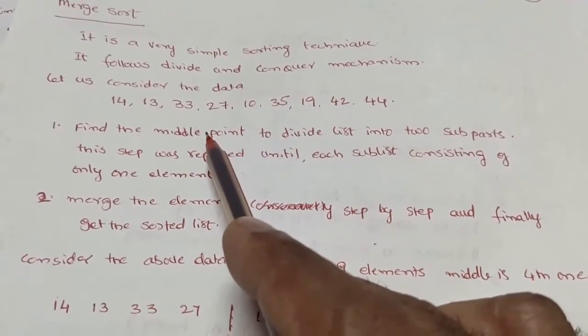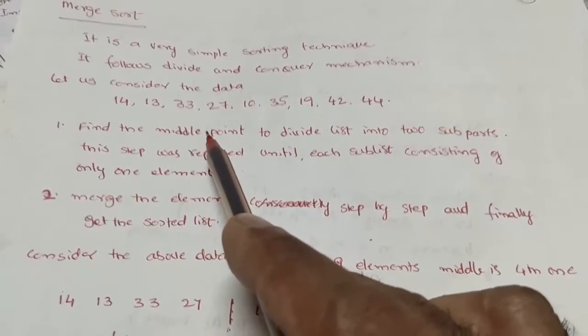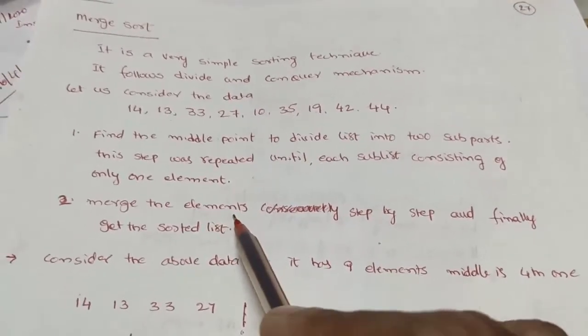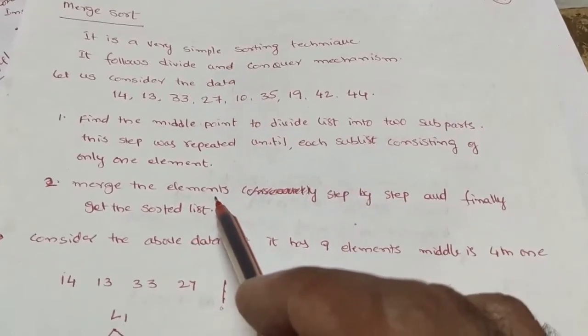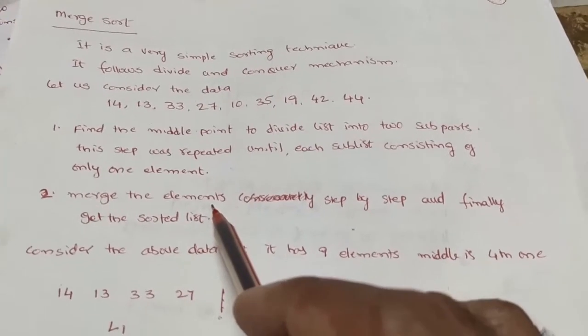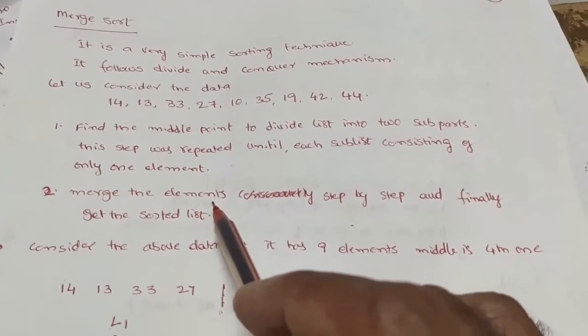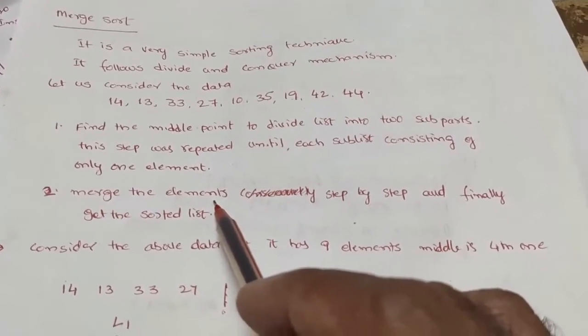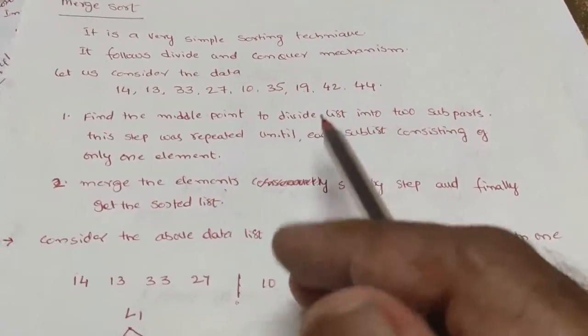In the example below I will explain clearly with a neat drawing. And then whenever each and every list consists of one and only one element, we try to merge the elements according to an ascending order procedure or descending order procedure.